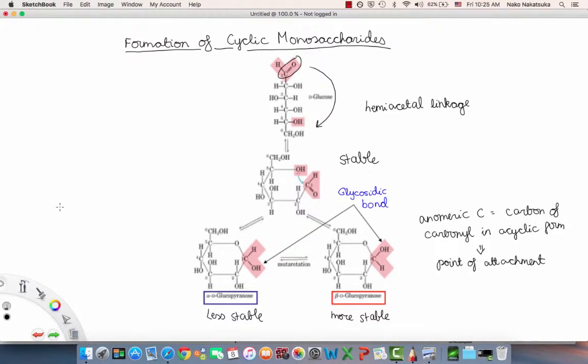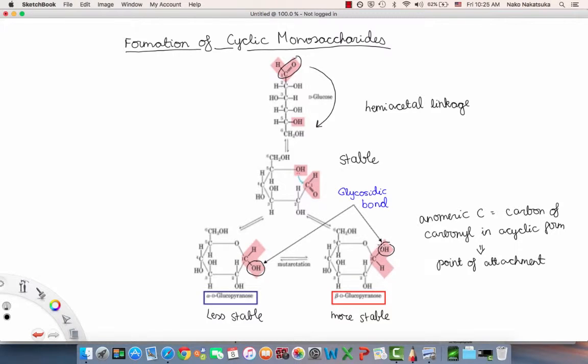Another important thing is the direction of the OH group that's attached to the anomeric carbon, because that affects whether something is alpha or beta. So as you can see, in the alpha case, the OH group is right here, whereas in the beta case, the OH group is right here.